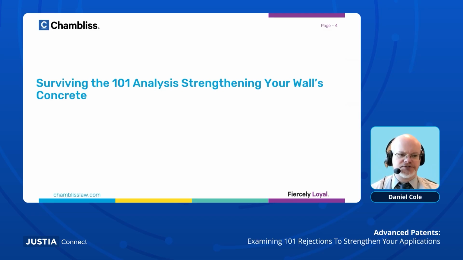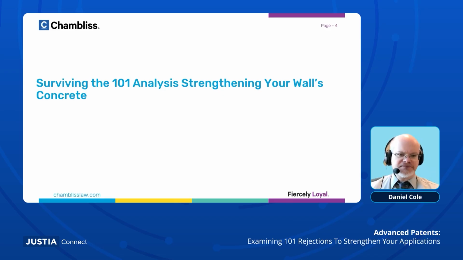I've subtitled this one Strengthening Your Walls Concrete, because what we're going to be talking about is how to make sure that if you go to file a patent, you can recognize if you're going to have a 101 problem, what to do about it when you're writing the patent, to make sure that when you get that rejection, you're prepared to fight it. And then a little bit about how, when you get that rejection, you can fight it.